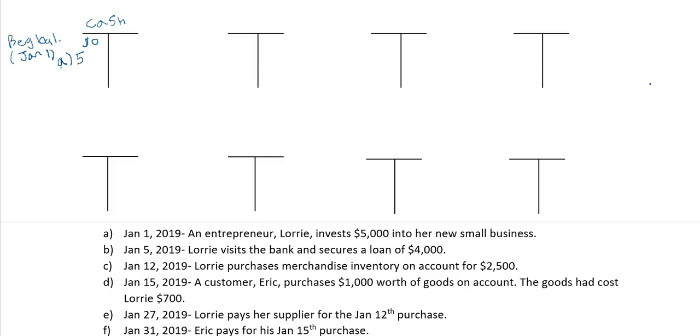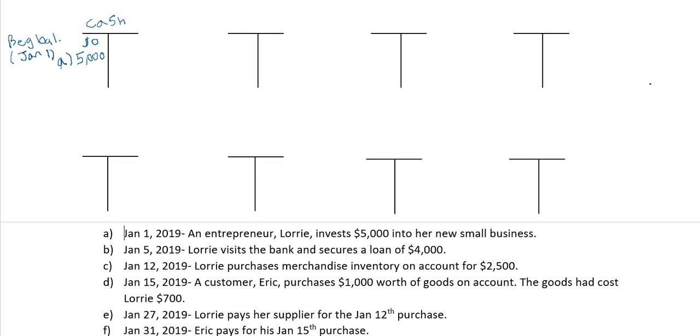I'm going to go straight into the number, $5,000. All right. So that's our debit of transaction A all done.